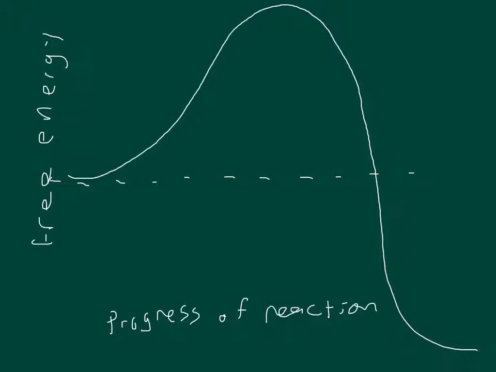And so what you actually have here, this line right here represents the average energy that the molecules, the reactants, contain at a given time. Since it's average, we know that all molecules have energy and that they can transfer energy to one another.